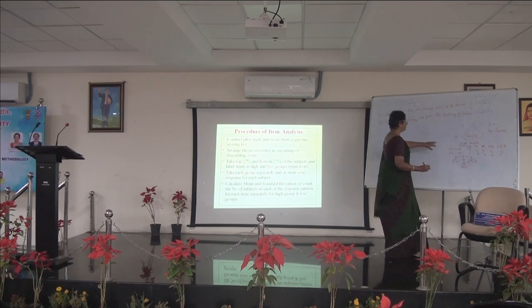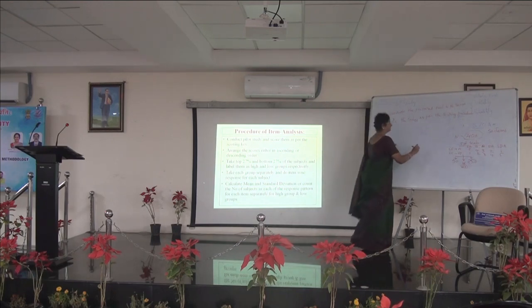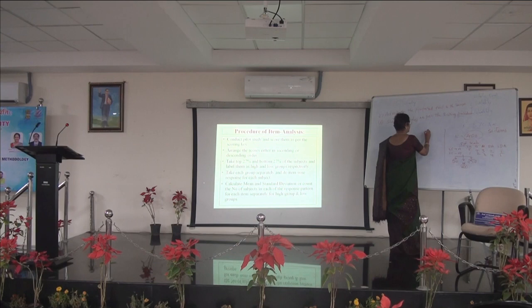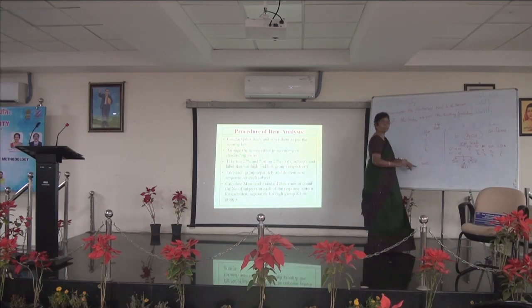Okay, and now every student has got a serial number, and a total score. 1, 2, 3, 4, like that. You have 400. Your sample is 400.